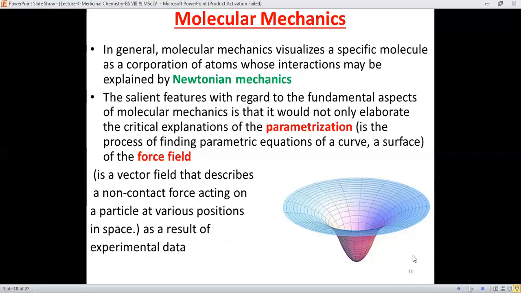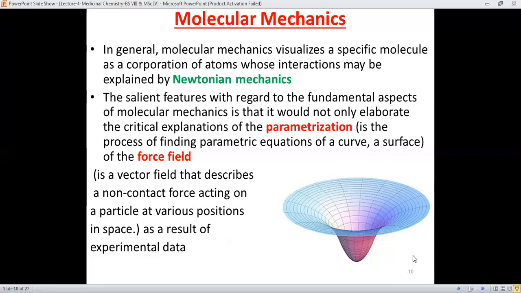We are studying what's happening in its space as a result of experimental data. Molecular mechanics will sense a molecule as consisting of cooperation between the atoms, and its important feature is to study the parameterization of the force field.